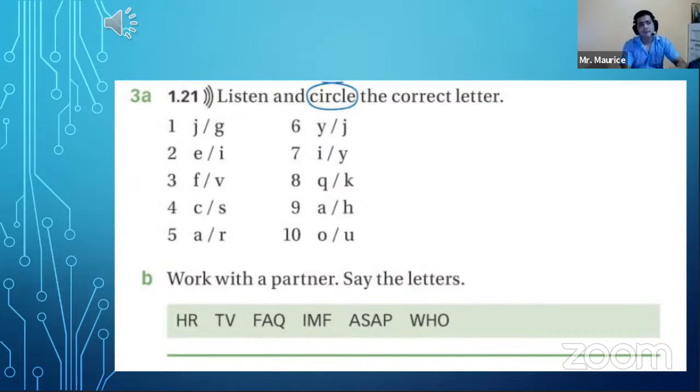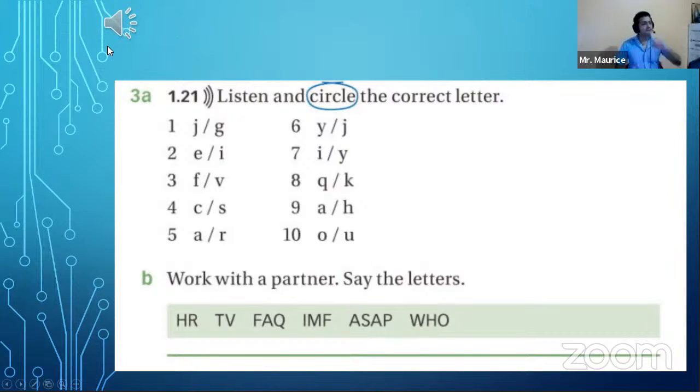R. 6. Y. 7. I. 8. Q. 9. H. 10. O. Okay, one more time, please. Pay attention, one more time.